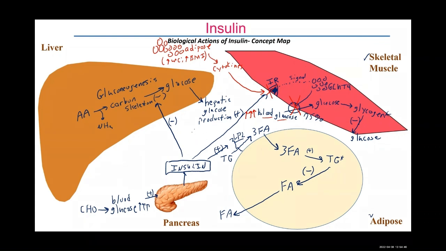I'm just trying to emphasize. So now we're going to get an increase in our blood glucose. I'm just going to abbreviate it BG, blood glucose, right? So now we're going to get this elevation of blood glucose.